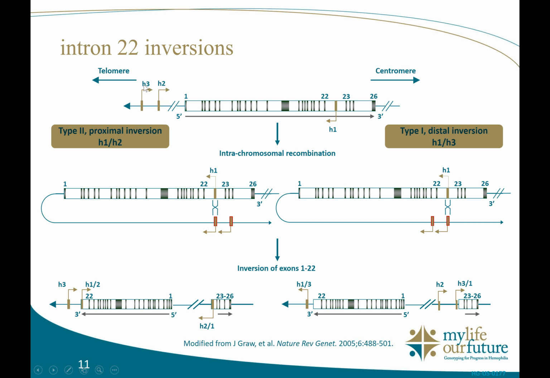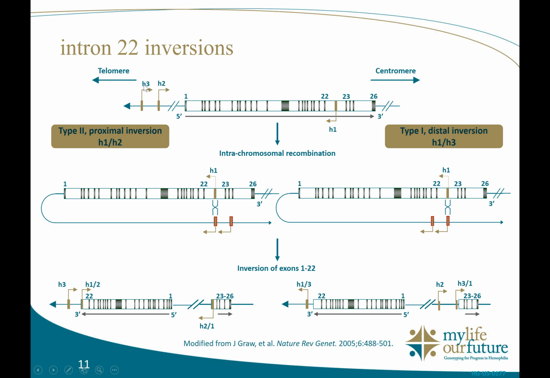We start by looking for the inversions, testing for the inversions first, and then if they are not found, then looking at the coding regions and the intron-exon boundaries and the untranslated regions, determining the genotype and then confirming that. The factor IX gene is smaller. It only has 8 exons, and the standard approach is to just do the standard sequencing, determine the genotype, and then confirm it.